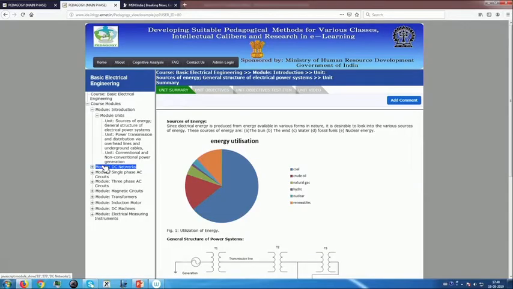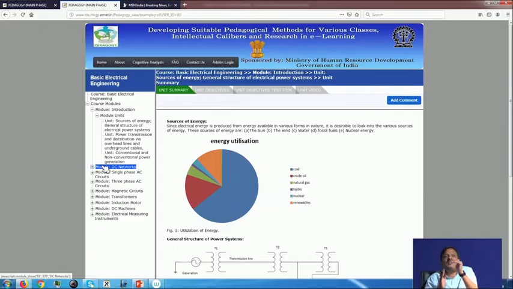Now, once you give it to the students before they come to the class, they know the entire course organization. They know their target, they know what they have to achieve, and they know what kind of problems they have to solve to achieve that target.